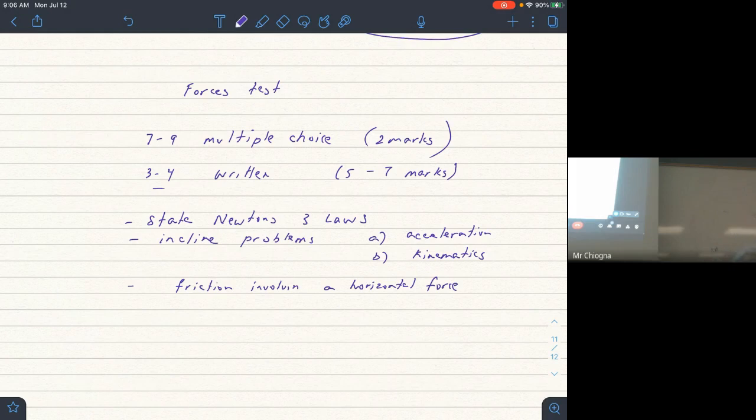The typical one is solve for the acceleration, but I can instead ask you, given the acceleration, solve for the friction, or solve for Fx. Any of those questions. Same equation, you just need to rearrange it according to what the unknown is. So there's definitely one multiple choice question on that, and there'll be one written on that too. The written I've got to make some changes, but it may include some kinematic equations, so just keep that in mind.